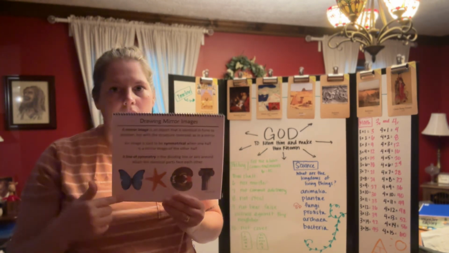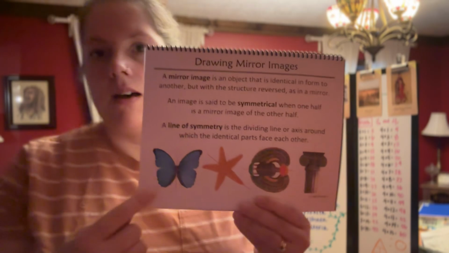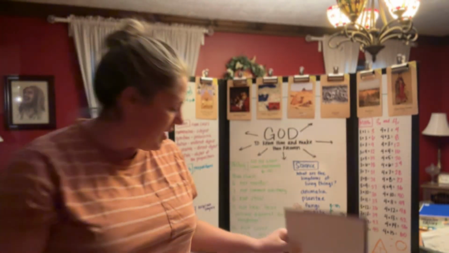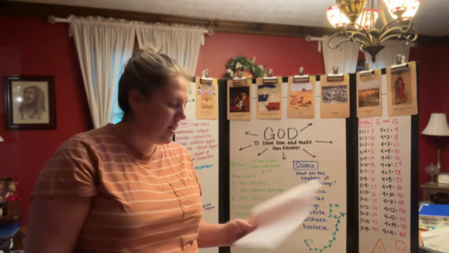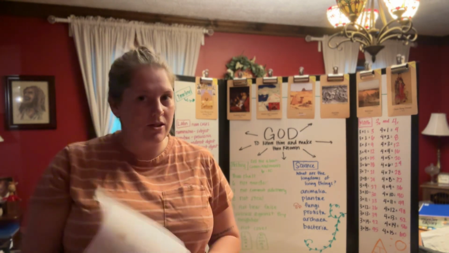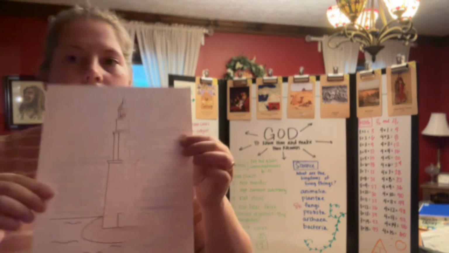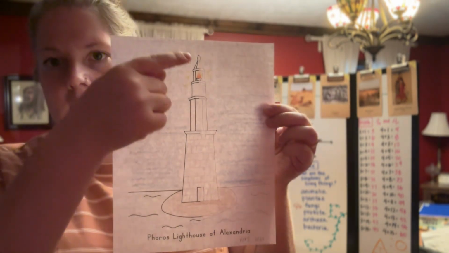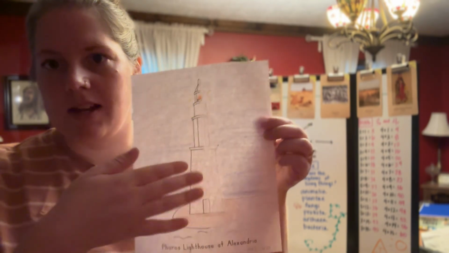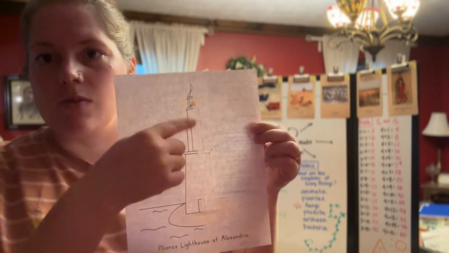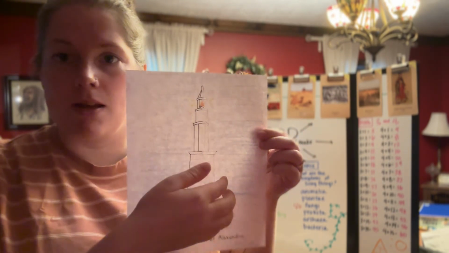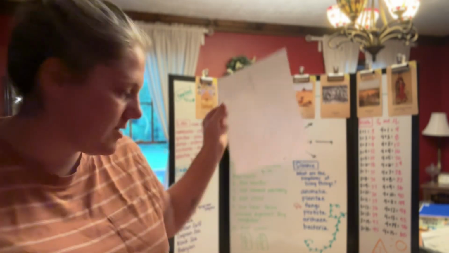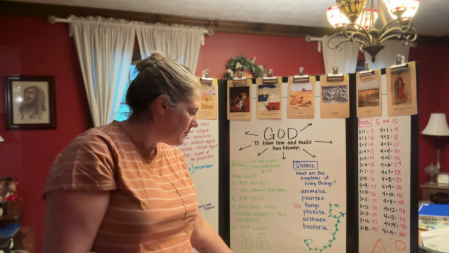I had a little handout that showed some different lines of symmetry, and then we drew one of the seven wonders of the ancient world, a lighthouse. We had one side of the worksheet already filled in, and then we drew the best we could a mirror image of that to create the symmetrical lighthouse. So that's what we did for art.